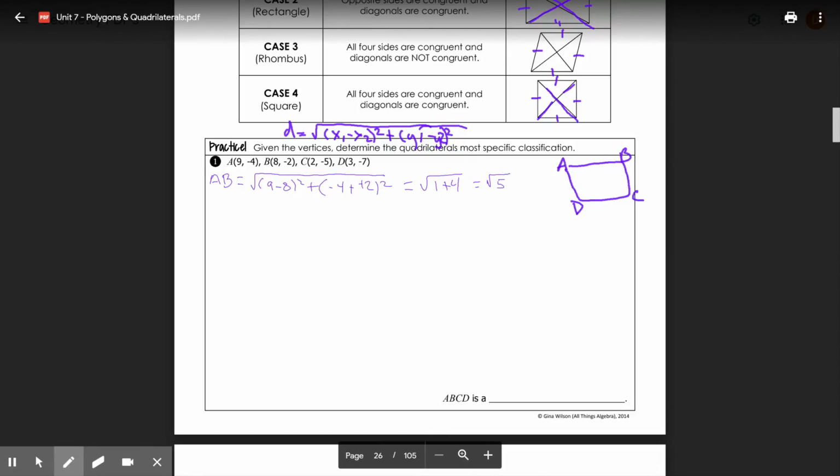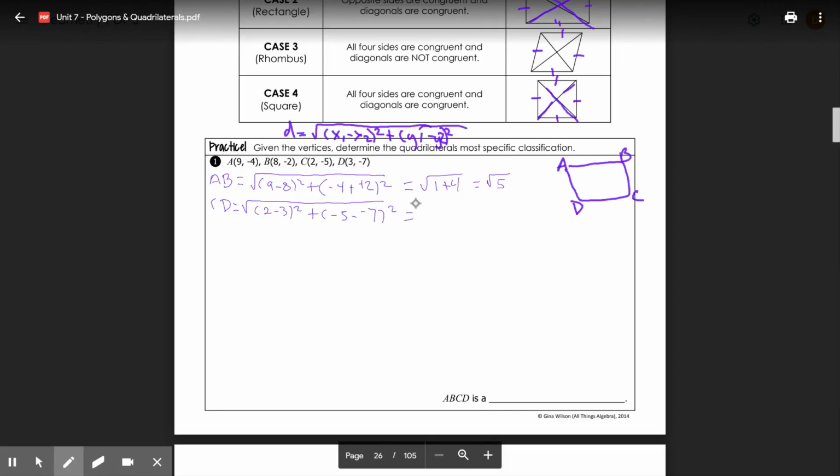And then we'll figure out CD. CD would be the square root of 2 minus 3 squared plus -5 minus -7 squared.